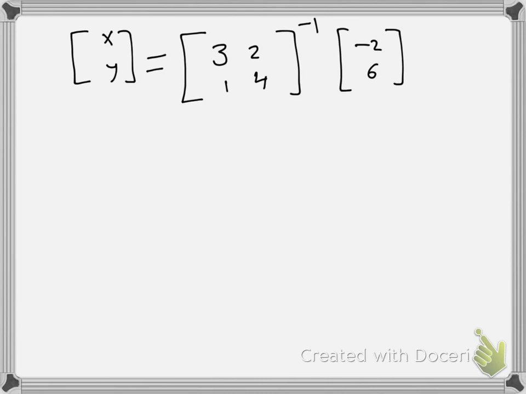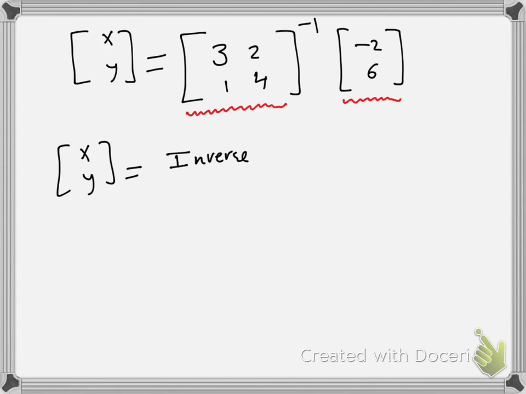To obtain the answer, I should compute the inverse of this matrix first, and after that multiply it by the second matrix. Then we can do it right now. I have x and y, the unknowns, equal to the inverse of the first matrix multiplied by -2 and 6.